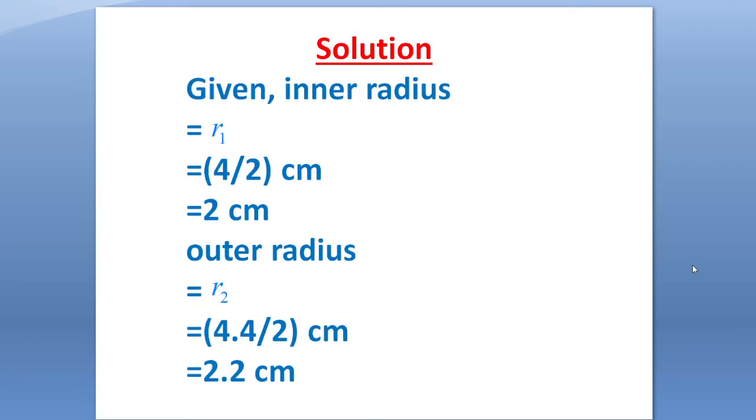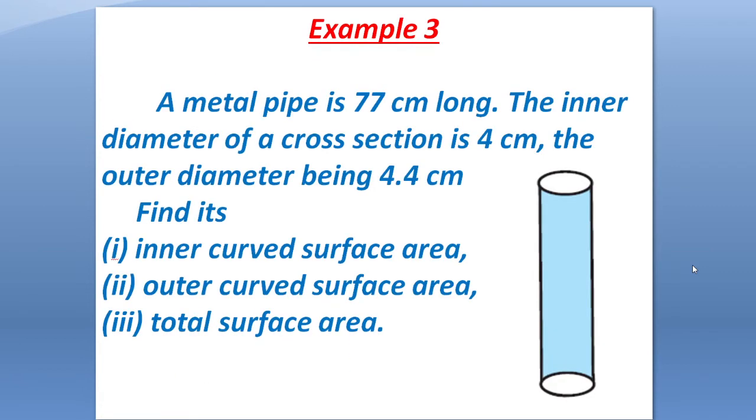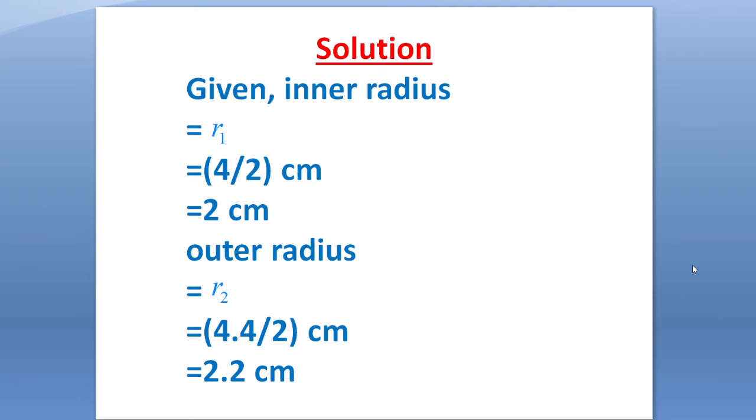So given inner radius, say it is R1. R1 diameter is 4. So R1 is equal to 4 by 2 centimeter is equal to 2 centimeter.